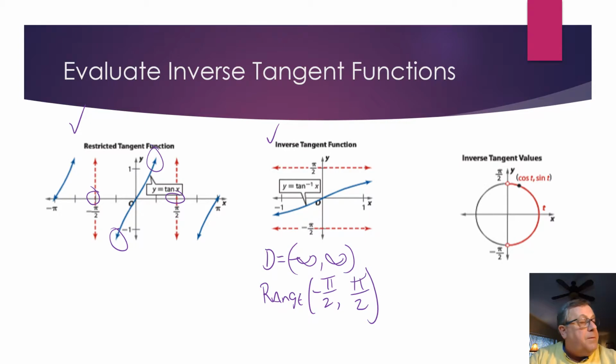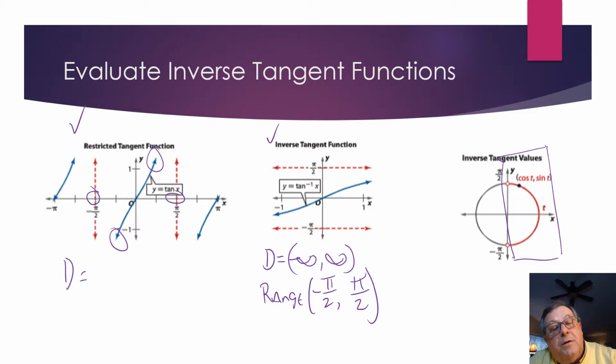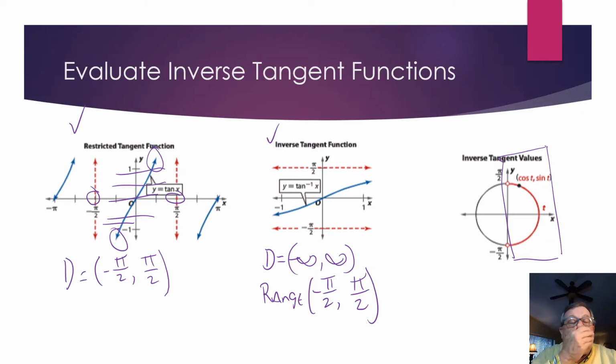And similarly to the sine function, I see that my inverse tangent function values are going to correspond to the right half of that unit circle. So if we restrict the domain, let's say we got a restricted domain of the tangent function going from negative pi over 2, I probably should have done this first, to pi over 2, so that within that interval, our inverse is in fact a function, which it would not be if we did not restrict the domain.